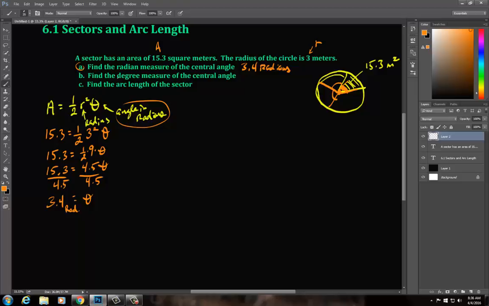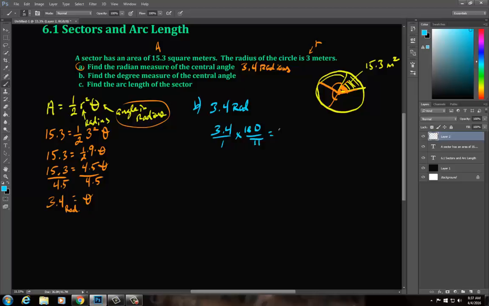Well, B wants us to know what's the degree measure of it. So let me do part B in a different color. Hold on one second. A nice blue color. So this is part B here. If we have 3.4 radians and I want to know how many degrees that is, there's two ways to do it. One way would be to take 3.4 times 180 over pi.